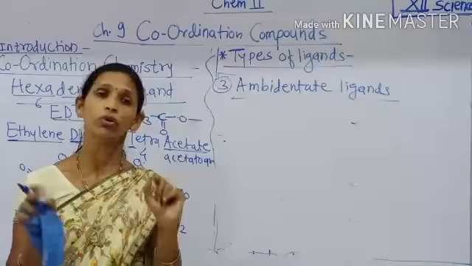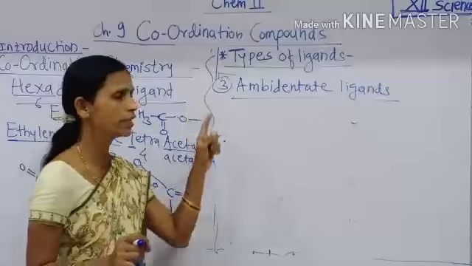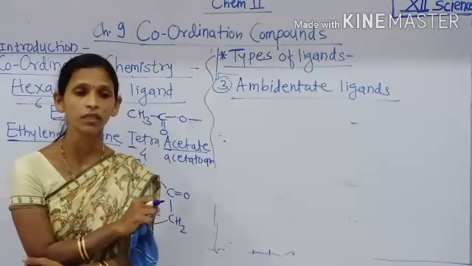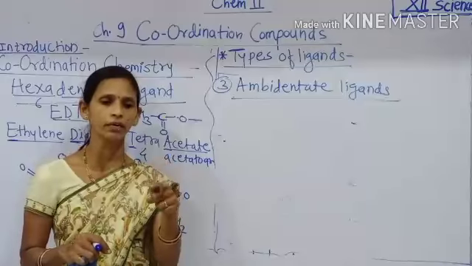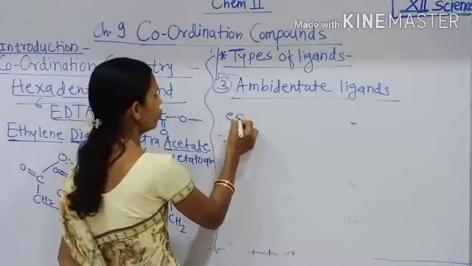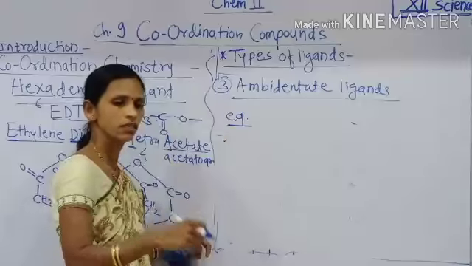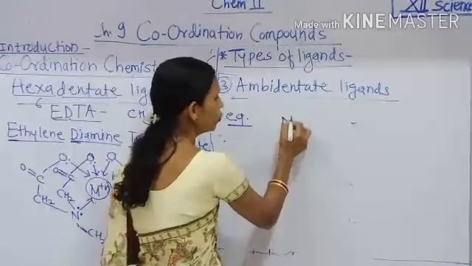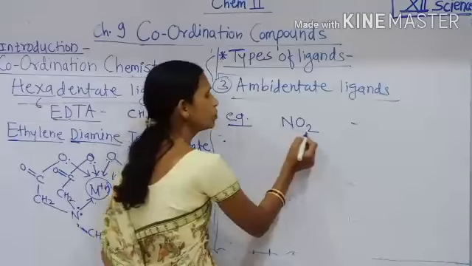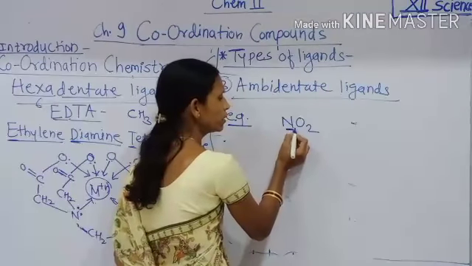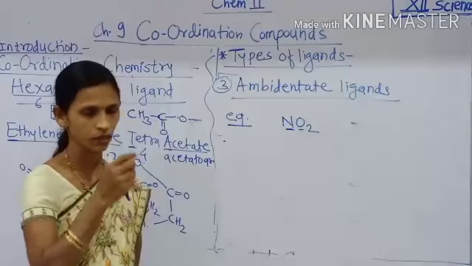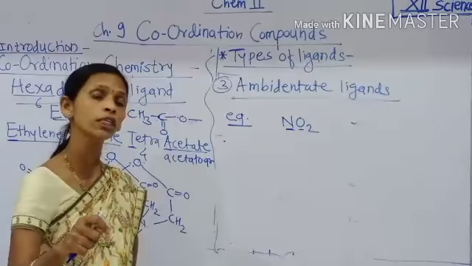There are two or more donor atoms in the ligand, but in a complex only one donor atom is attached to the central metal ion. The example of an ambidentate ligand is the NO2 group. In the NO2 group, nitrogen and oxygen are both electron donor atoms which can form the coordination bond.